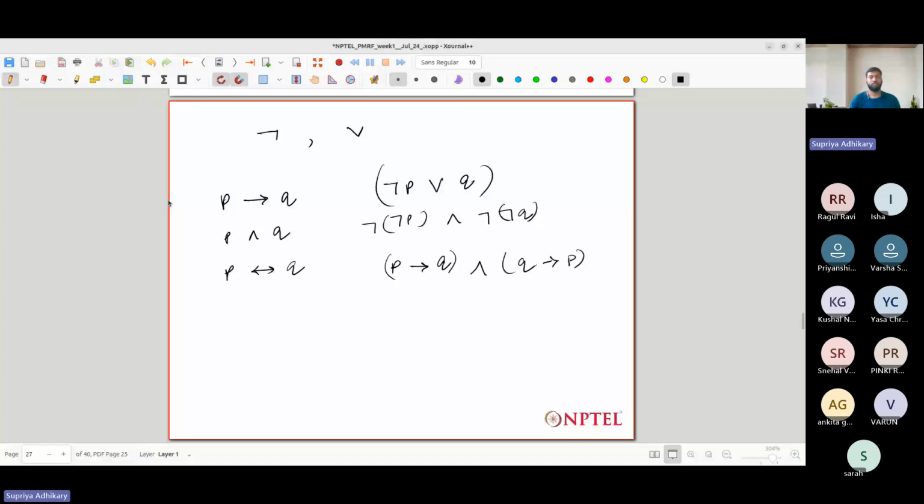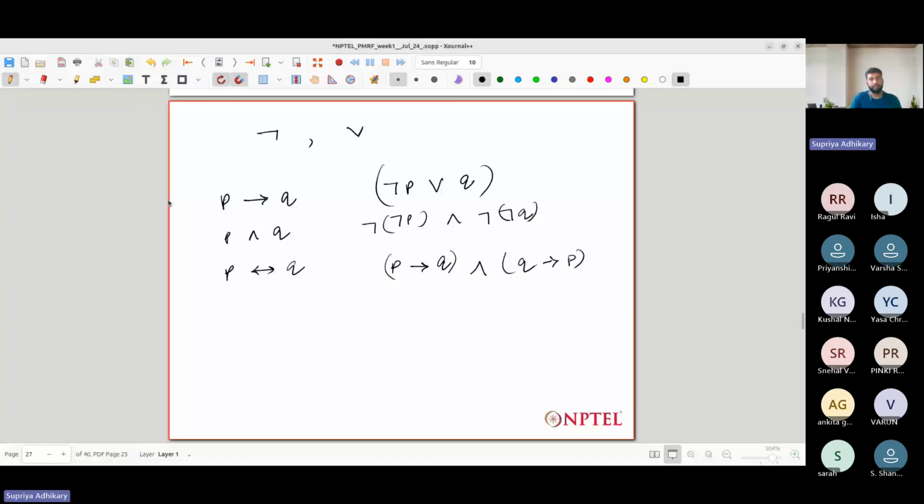I've written this conjunction using only disjunction and negation, and so now over here it only involves operation implication and conjunction. This implication operation in this can be replaced like this, and again the conjunction operation can also. Yes, we can say that this set of operations, negation and disjunction, this is complete, functionally complete.